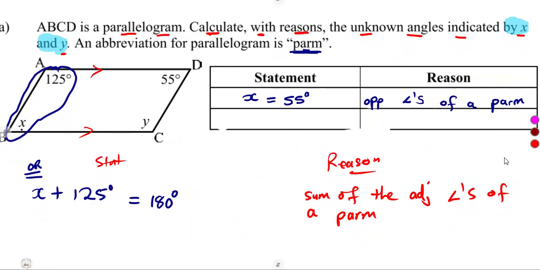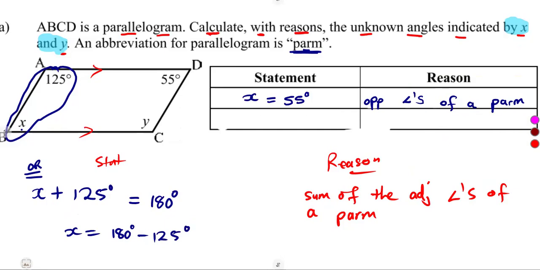So we can find X, because this is an equation. So solve for X. We take 125 to the other side. Remember, we dealt with equations in this way. The moment it crosses the equal sign, it becomes a minus. It was a plus, so it changes the sign. So therefore, X is equal to 180 minus 125.